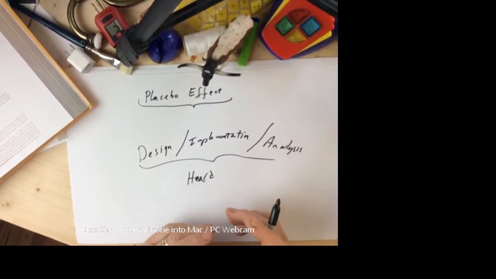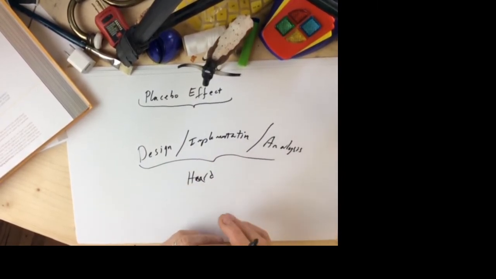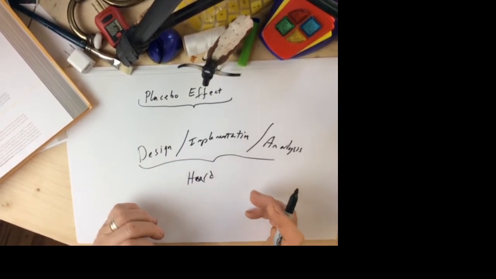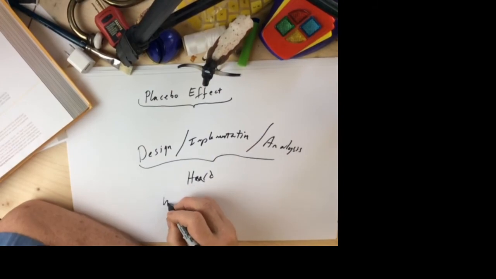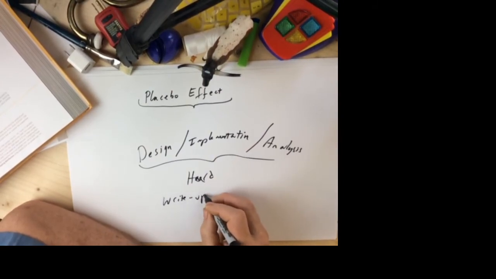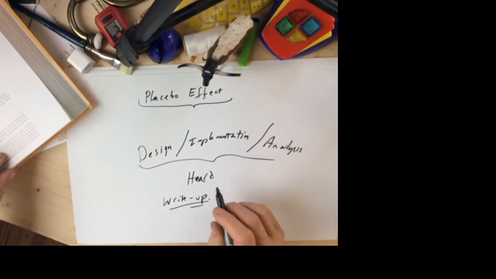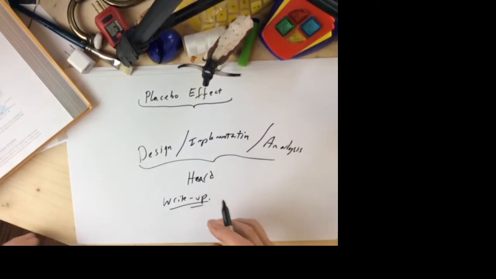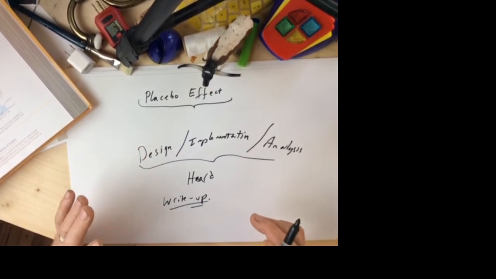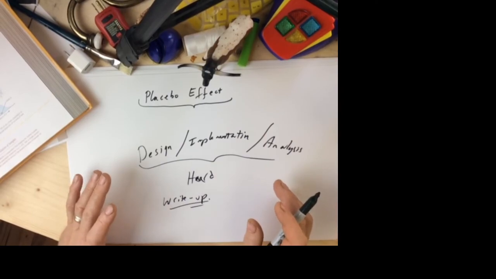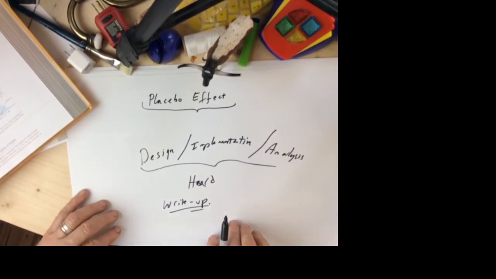There are many things that could come into effect that can mess with you, and you can't begin to know them all. So when we do a design and implementation and analysis, we have to write up every single little step, every little thought, everything that's involved in this to make sure that what we get is something of very clearly defined information so other people can look at it and, most importantly, repeat it.